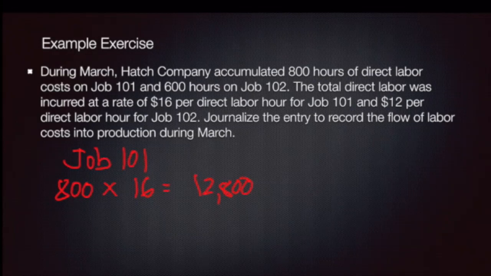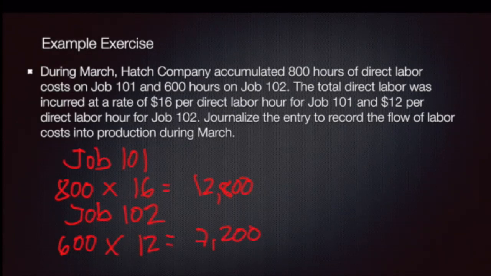Now for job 102, the total hours is 600 with an hourly rate of $12 equals 7,200. So the total direct labor cost will be $20,000.